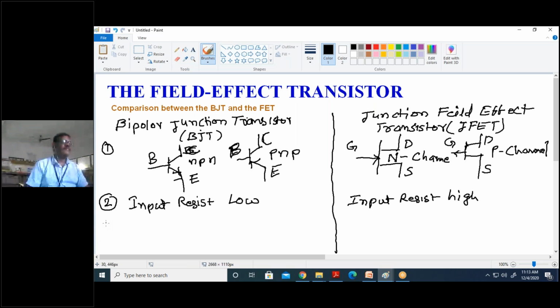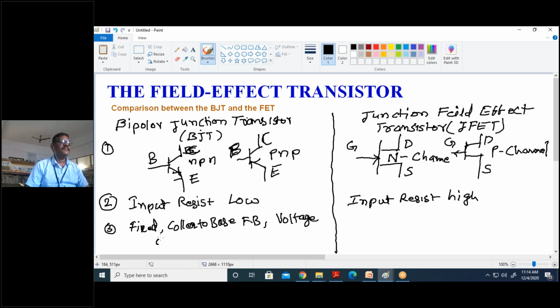Third point, biasings. In BJT we use fixed bias, collector to base feedback bias, and voltage divider bias.